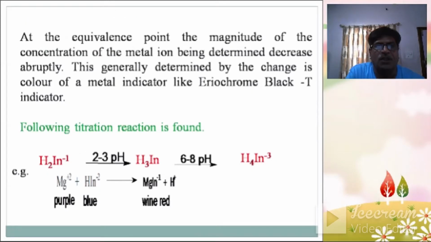At the equivalence point, the concentration of the metal ion being determined changes abruptly. This is generally determined by the change in color of a metal indicator like Eriochrome Black T indicator. The following titration reaction is found.